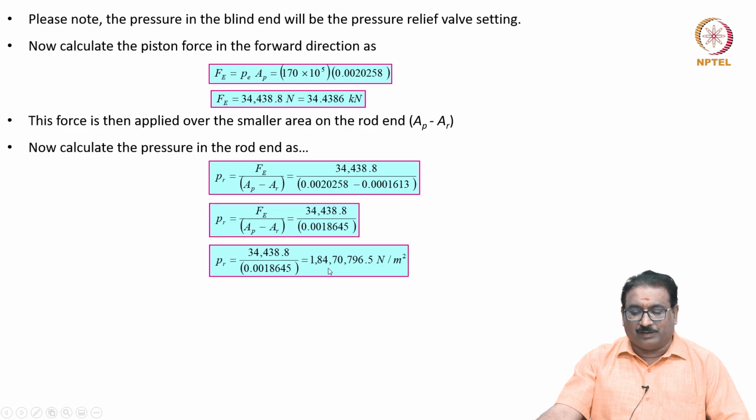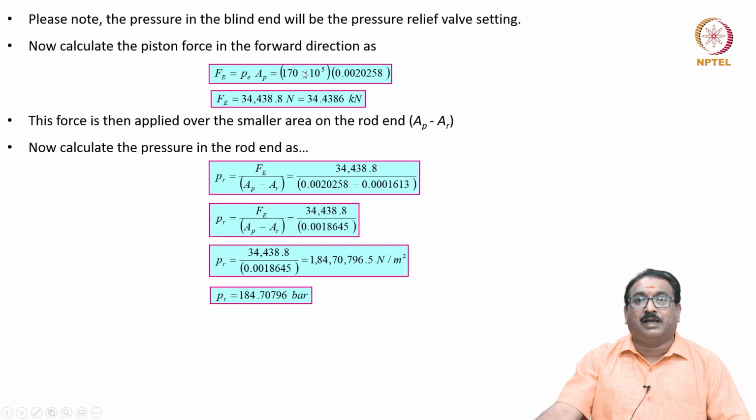In bar, I am getting 184.70796, which is the pressure in retraction. But the maximum pressure setting, how much is it? I am setting 170 bar, but in return 184.70, which is very high and will lead to wear and tear of the rod end seals.